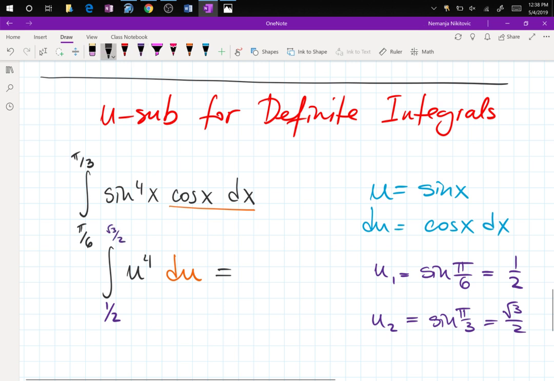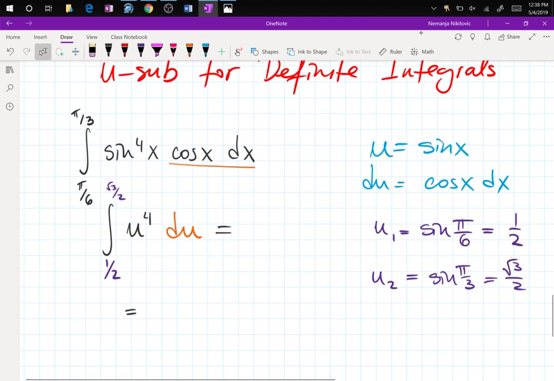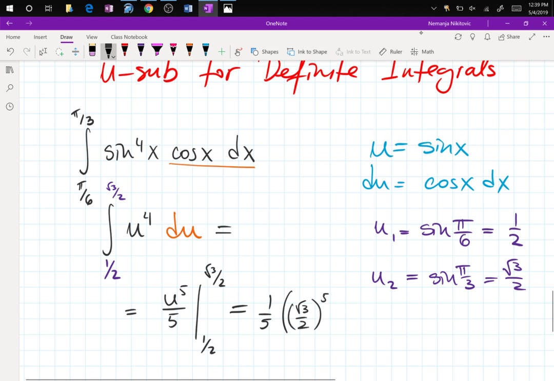So I have changed my integral from trig now completely into polynomials. Now I have u to the 5 over 5 computed from 1/2 to root 3 over 2. No plus c now. This is a definite integral. It's going to give us a number. 1/5, and now I have root 3 over 2 to the 5th power minus 1/2 to the 5th power.